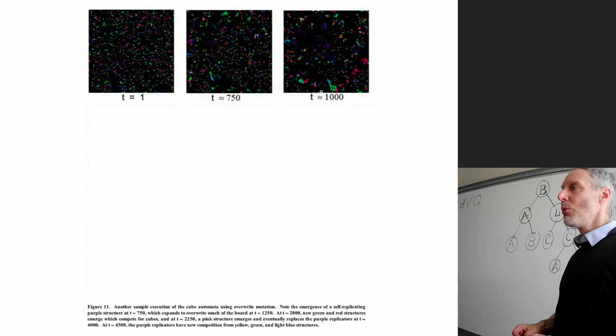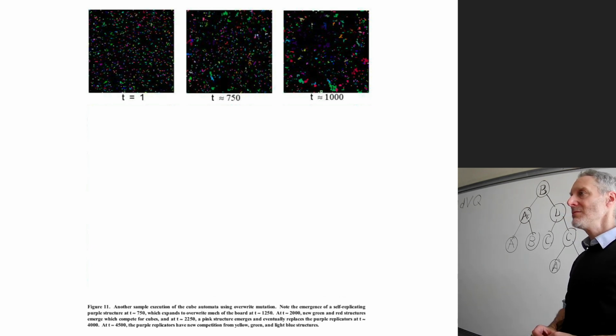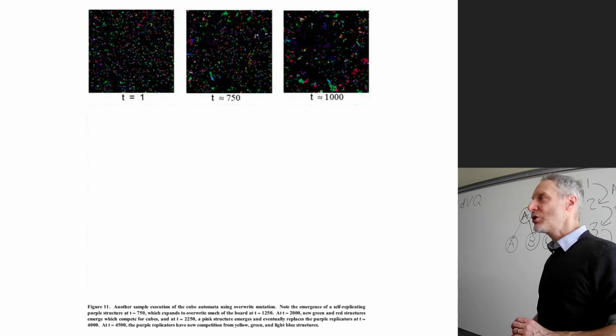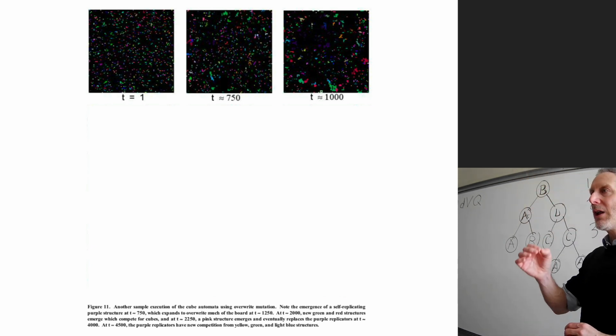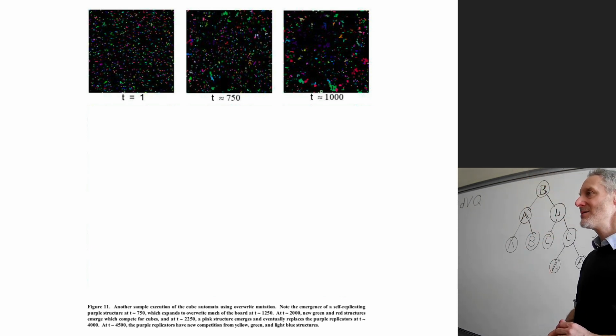So we see more clusters forming, bigger clusters. So there's larger and larger sets of cubes that are attached that all have identical brains. What else is happening now? It's not just that there are more and bigger clusters. What else is happening?